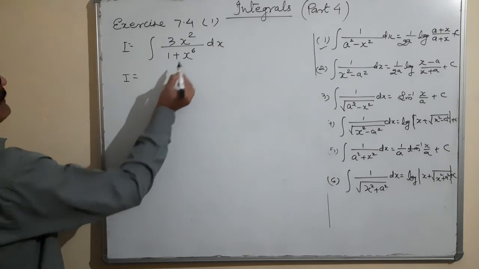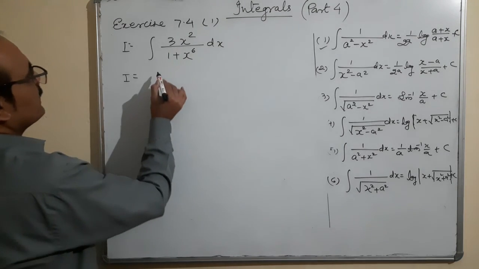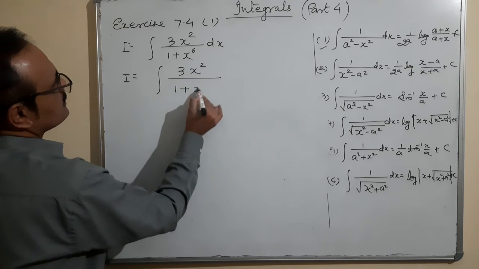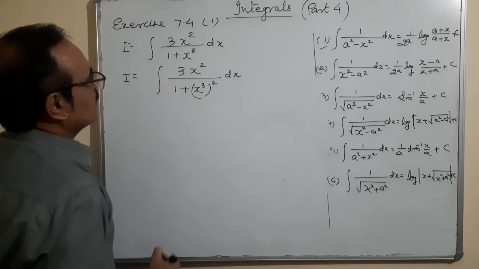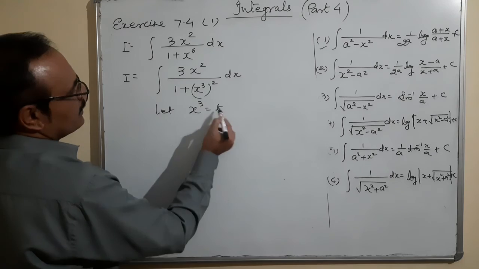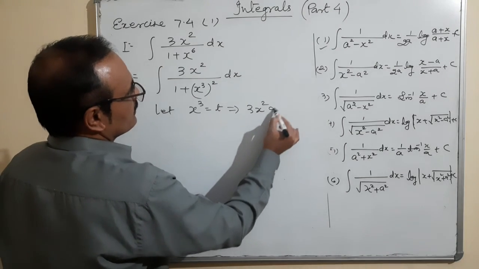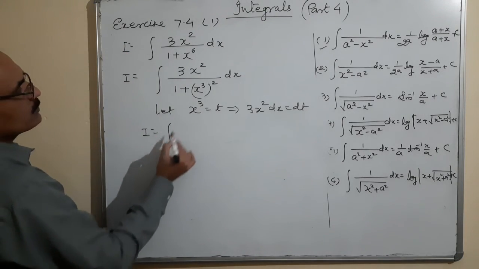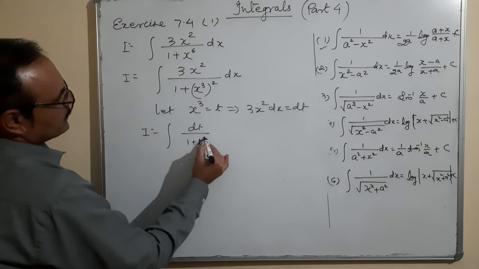What should I take here? X to the power 6 is here, and 3x square we want to delete from it. So I write 3x square upon 1 plus x cube whole square, and let x cube is equal to t. Differentiate with respect to t, it comes 3x square dx is equal to dt. So therefore I is equal to dt upon 1 plus t square.